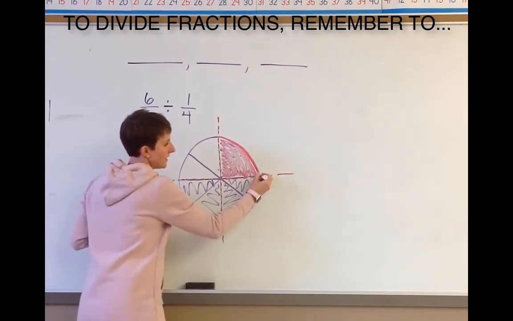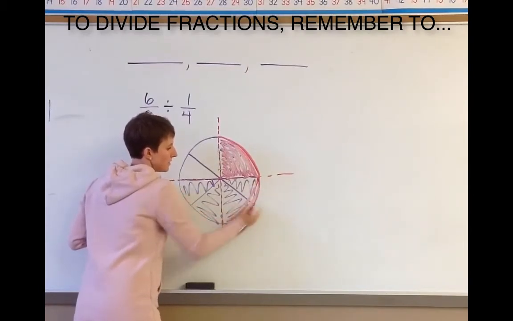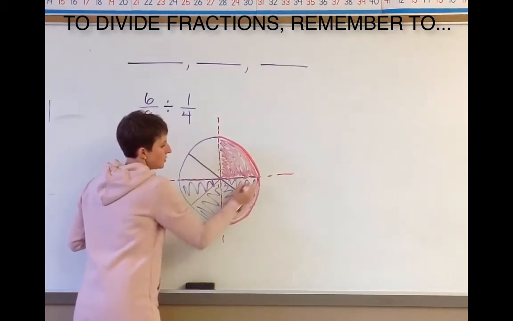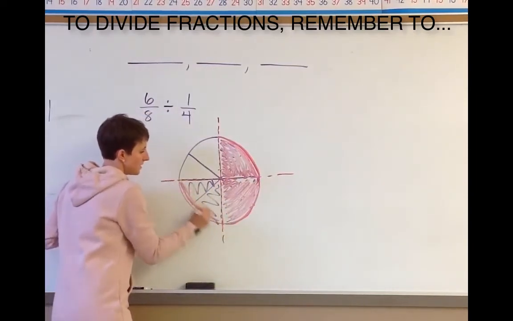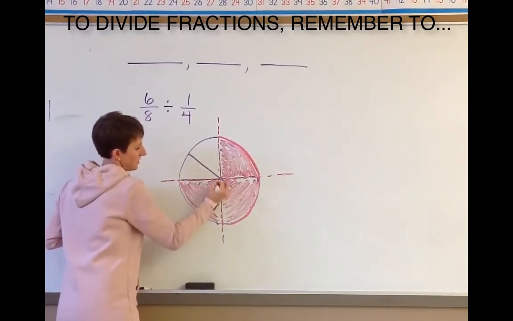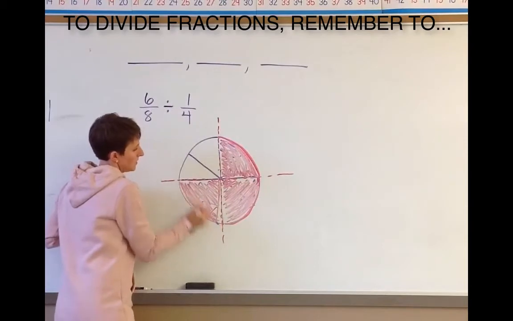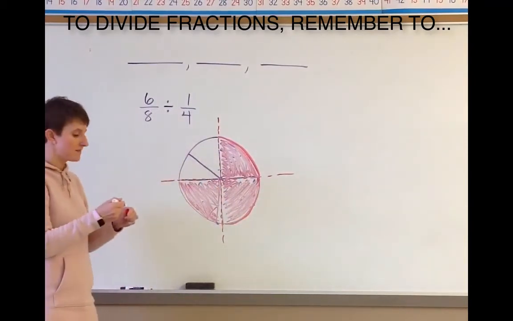Would you agree that this would be a group of 1/4? So that's 2 groups, right? And would you agree that this would be a group of 1/4? So how many groups of 1/4 went into my 6/8?